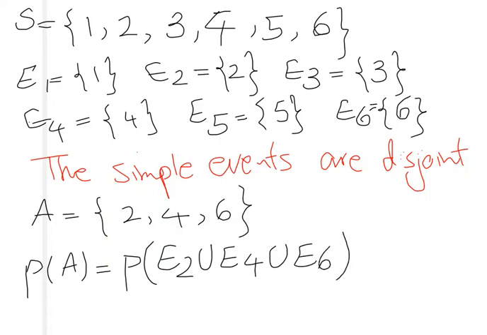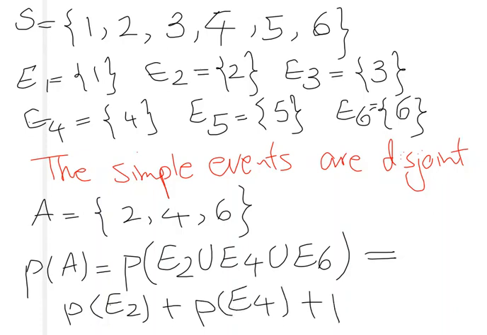From axiom 3, it's the probability of E2, because they are disjoint, plus the probability of E4 plus the probability of E6. So by using the probability of simple events, we can obtain the probability of a compound event by adding the probabilities of simple events.